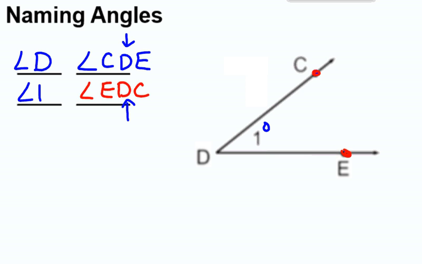With the degree symbol, that means the angle measures 1 degree. Okay? Without the degree symbol, I can call that angle 1. You will rarely see all 4 of those markings on a single angle, but be aware that you could see any combination of them, or maybe you might only see 1. So you need to understand what they all mean.